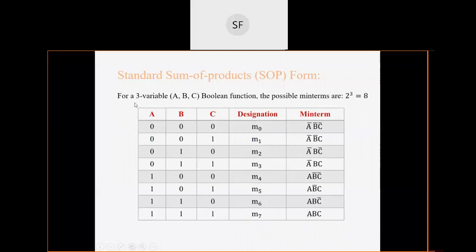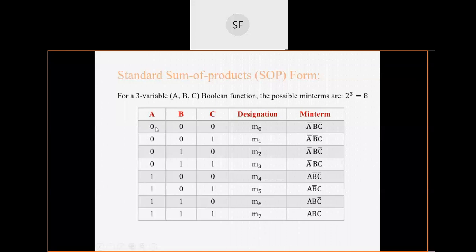Similarly, we have seen this for a three variable Boolean function. The important thing here is that if the value assigned to a variable is 0, then you have to write the complement.